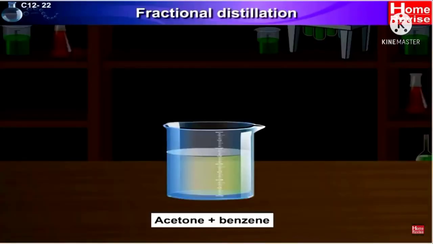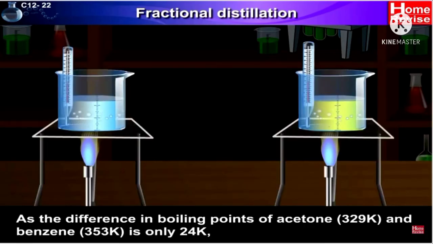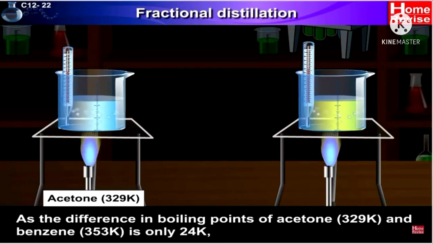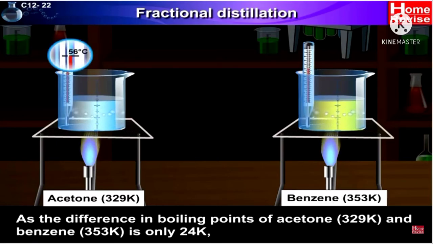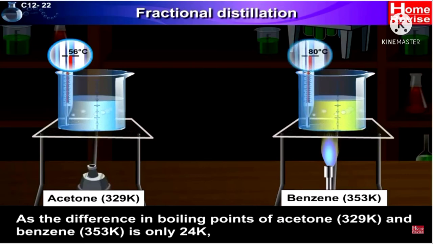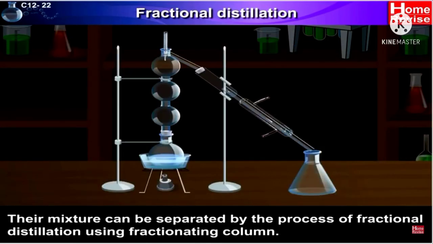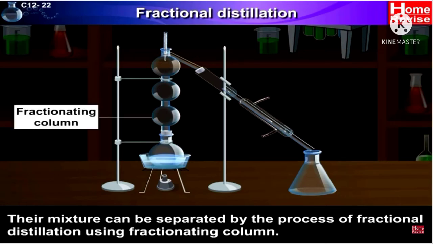Understand more the separation of acetone and benzene by fractional distillation. As the difference in boiling points of acetone, which is 329 Kelvin, and benzene, whose boiling point is 353 Kelvin, is only 24 Kelvin, their mixture can be separated by the process of fractional distillation using a fractionating column.